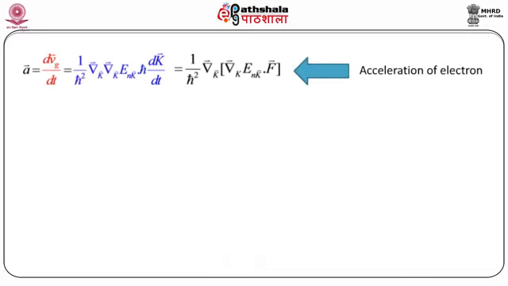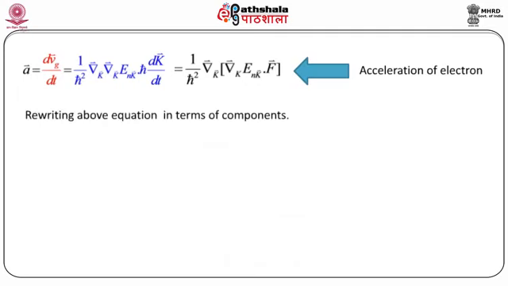The acceleration of the electron is written as the rate of change of the group velocity, which is equal to 1 by h cross square, the double derivative of the energy E(k), dot h cross dk/dt, which is equal to 1 by h cross square, the double derivative of the energy, dot the force F. We have written this down taking the help of the definition that we found for the force, F is equal to h cross dk/dt.